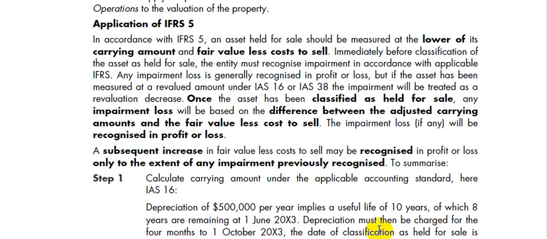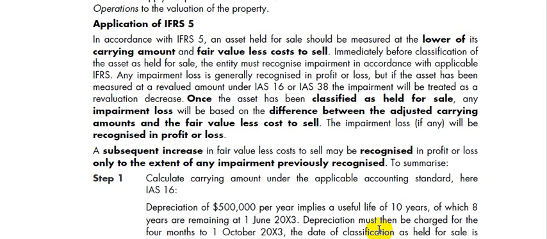Then we said once the asset has been classified as held for sale, any impairment losses will be based on the difference between the adjusted carrying amount and the fair value less cost to sell, and the impairment loss will be recognized in profit and loss if there's any subsequent impairment losses.